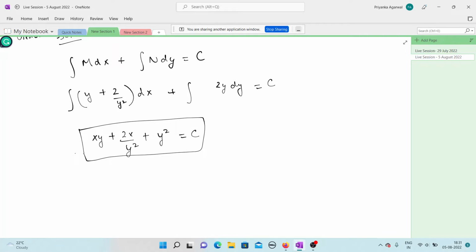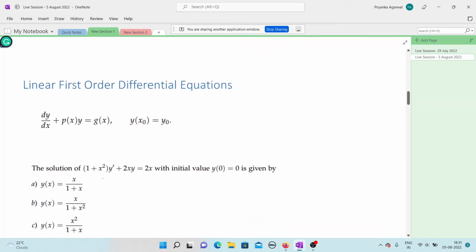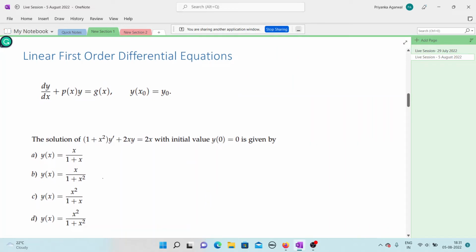Any doubts till this point? Okay, if not, then we will move to the other problem, which is linear first order differential equations which are of this form: dy by dx plus some function of x into y equals to some other function of x, and we are given some initial condition, that is y at x0 equals to y0.